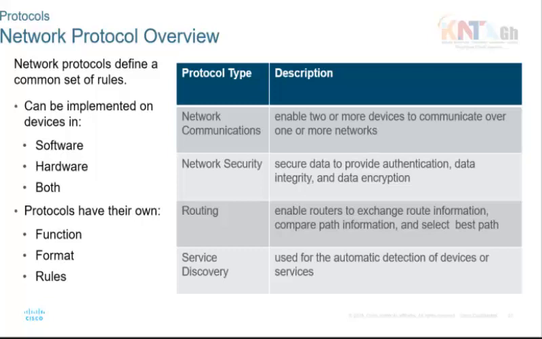We have routing protocols that enable routers to exchange route information, compare path information, and select the best path. And then we have service discovery protocols that are used for automatic detection of devices or services. So at every point in the network, we have a rule or a protocol that takes care of what should go on there.